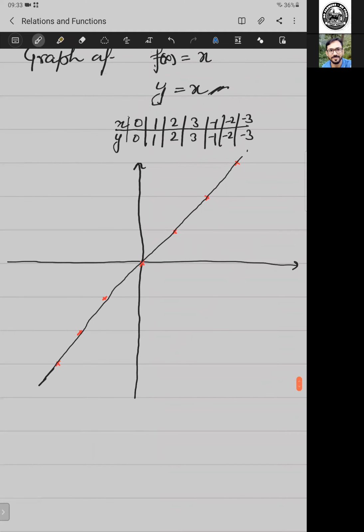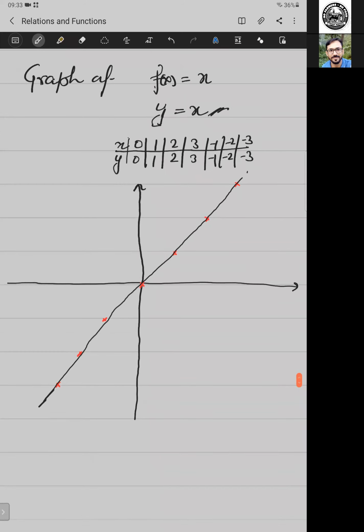Now, after the graph, we must know about its domain and range. We are going to mark the domain and range of this function.